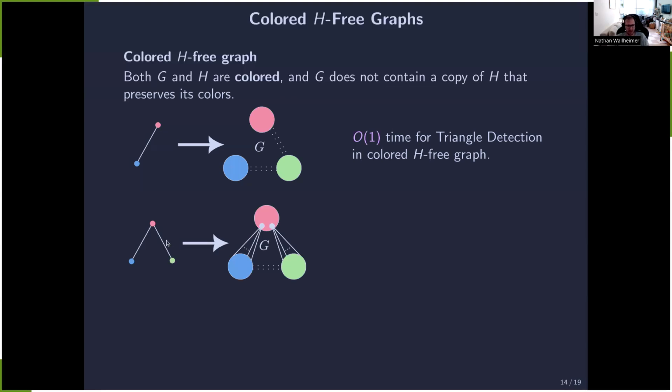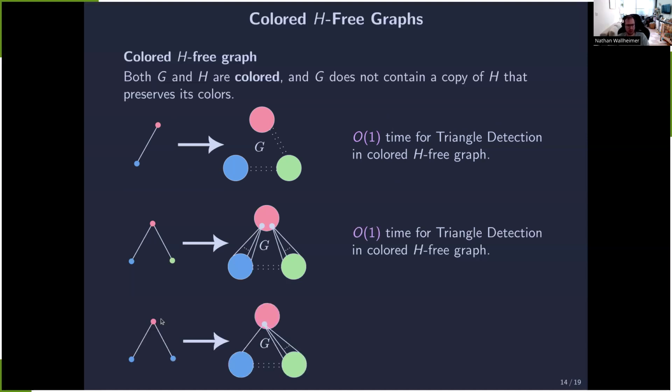Similarly, if we take H to be a two-path with different colors, with red in the middle, then each red vertex has either only green neighbors or only blue neighbors. It cannot have both. So again, there is no triangle in such a graph. We can solve it in constant time.